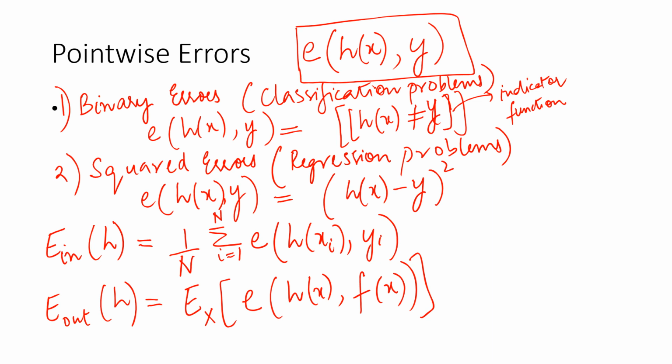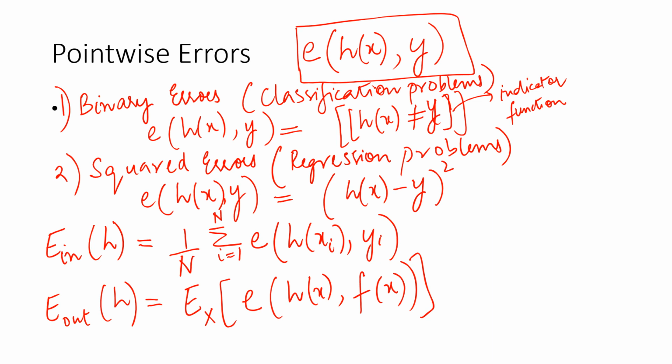This expectation of the pointwise errors is what characterizes my out of sample error. Now, to summarize, the error measure that you choose will impact the algorithm that does the picking. Because if you remember the two-step process, we are trying to pick a hypothesis based on E in, which is dependent on my pointwise error, and that in turn is dependent on how you're selecting things.